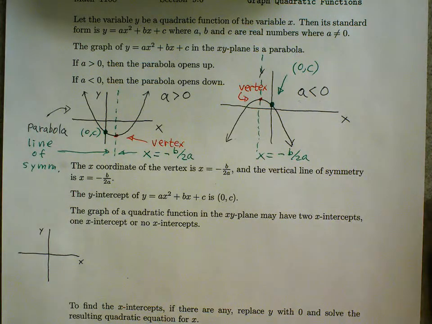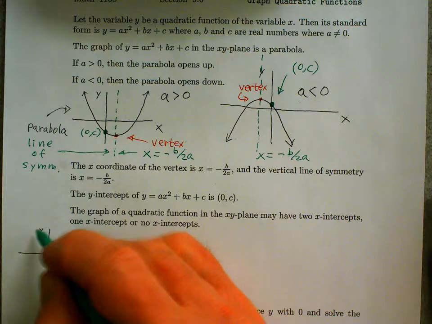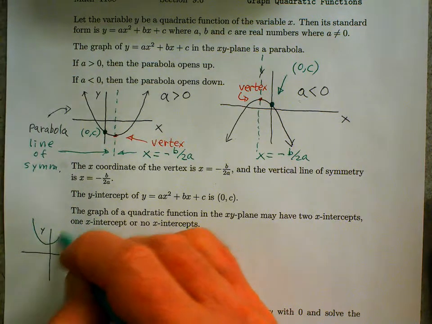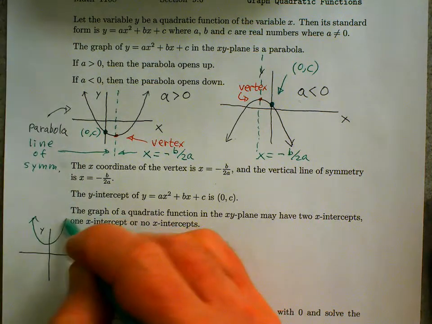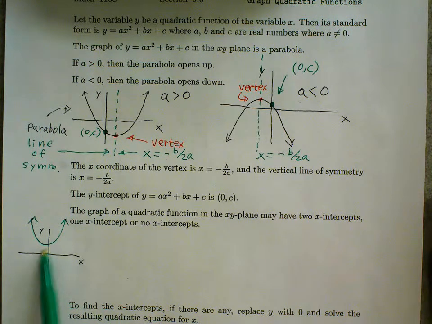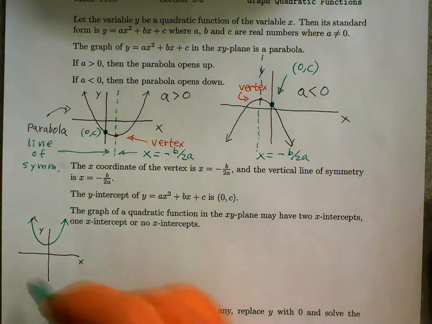If you have a parabola that opens up and is entirely above the x-axis, then there are no x-intercepts.